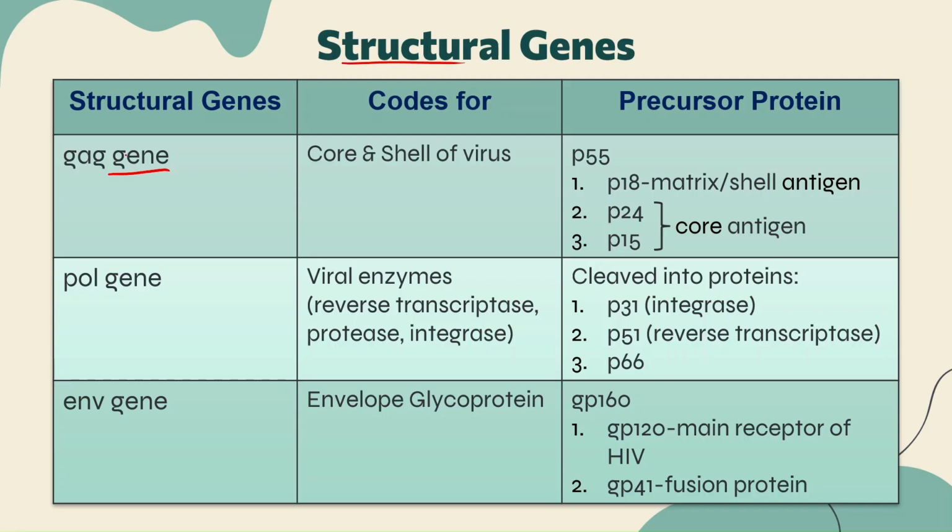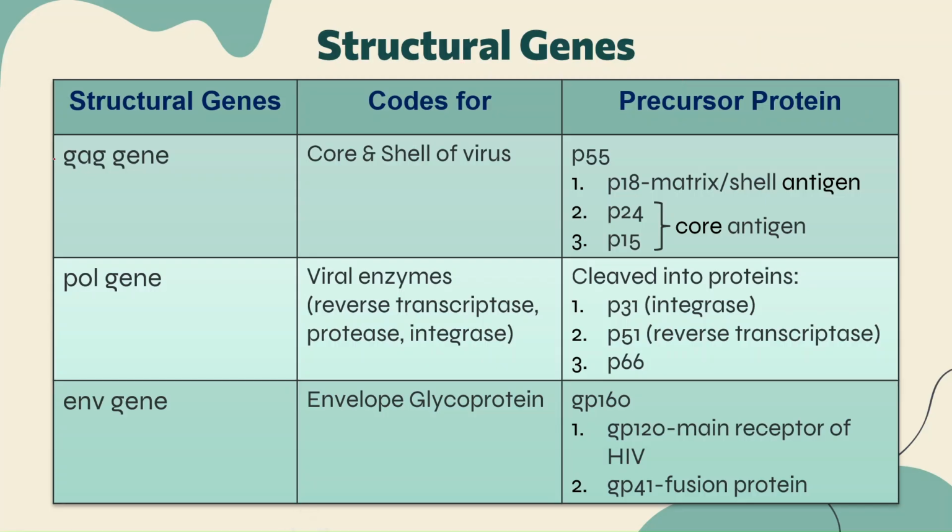These structural genes are usually expressed as a precursor protein, which is further cleaved into smaller components that form the structure of the HIV virus, guys. That is the basic concept I want to explain.